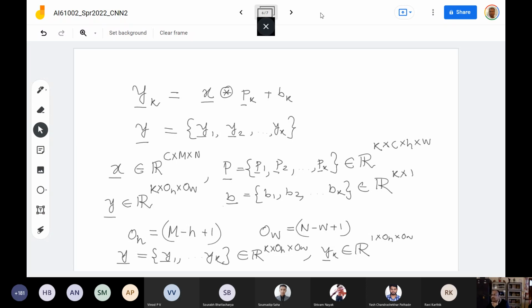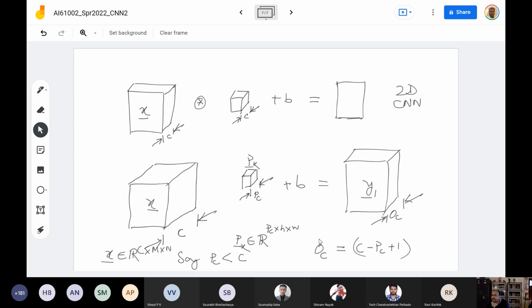Now from there, if I look into the number of channels in case of a 3D CNN, then my number of channels in my output is equal to number of channels in my input minus number of channels in my convolution kernel plus 1.